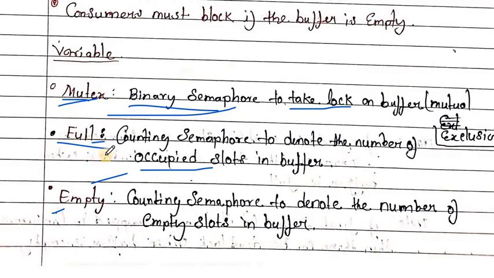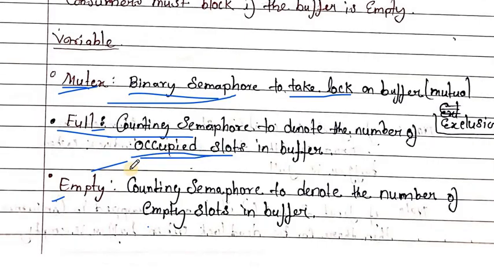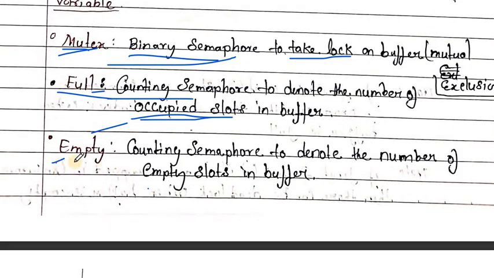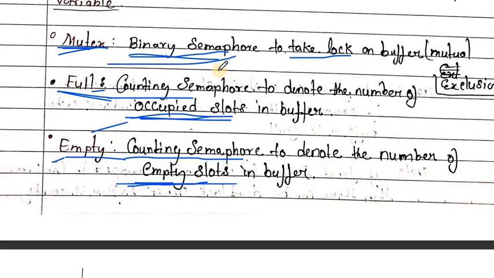Full is a counting semaphore which denotes how many slots are occupied. And the third variable is empty. Empty is also a counting semaphore to denote the number of empty slots. So empty denotes empty slots, full denotes occupied slots, and mutex denotes whether the buffer is locked or not.